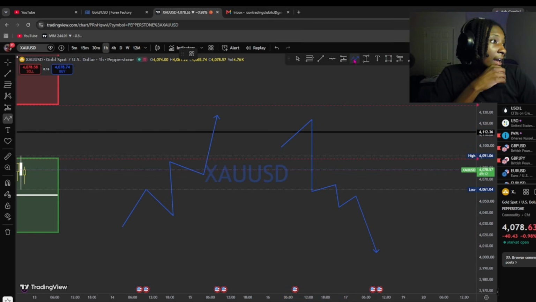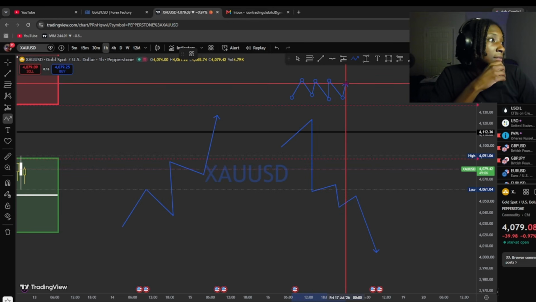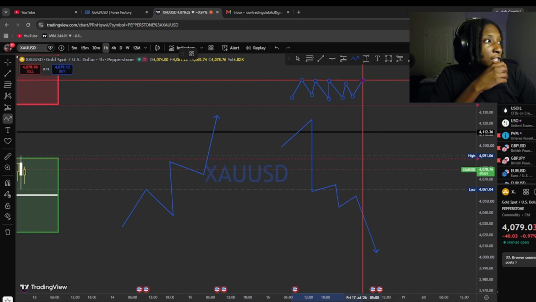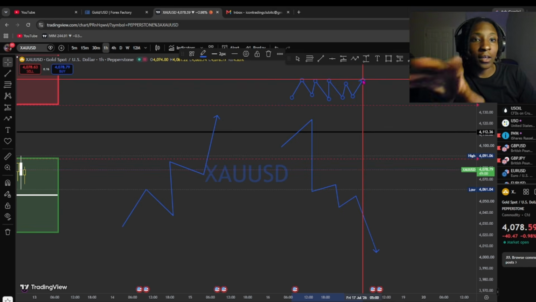And then they have a range where it just stays in the same range. It doesn't really go up or down, it just stays in the same area.